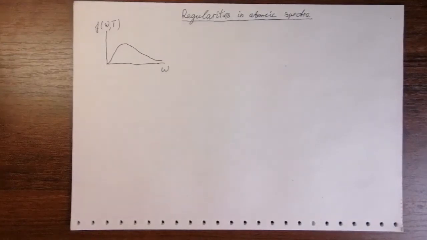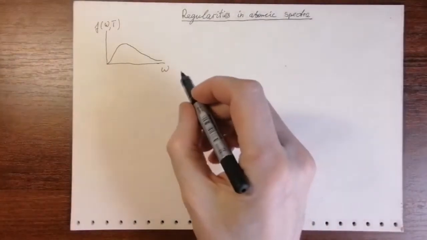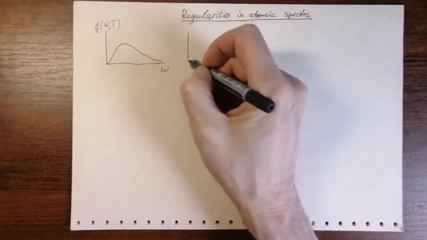If we try to measure a spectrum from rarefied gases, it means gases at very low pressure, when each atom is separated and is not interacting with other atoms, and we excite these atoms somehow, for example by electric discharge in some vessel with gas, then we will obtain a spectrum which differs dramatically from this spectrum.